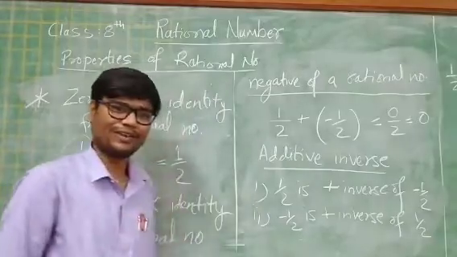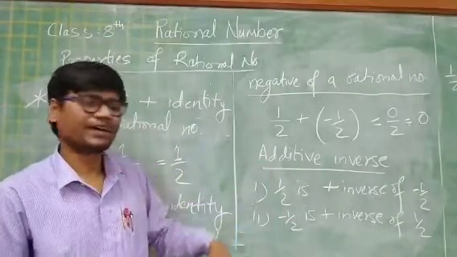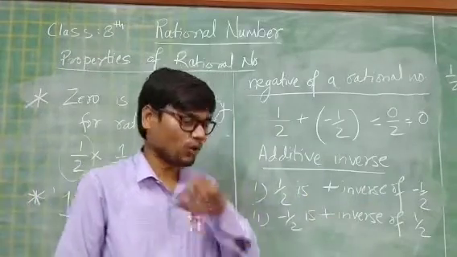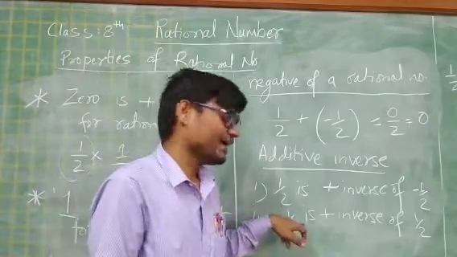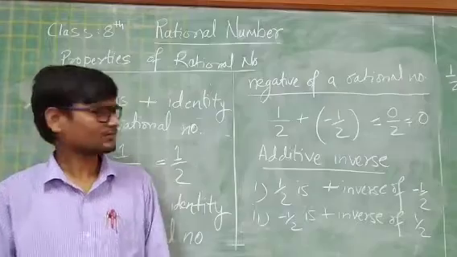In general, if A is a rational number, then minus A is the additive inverse of A, or we can say that A is the additive inverse of minus A.